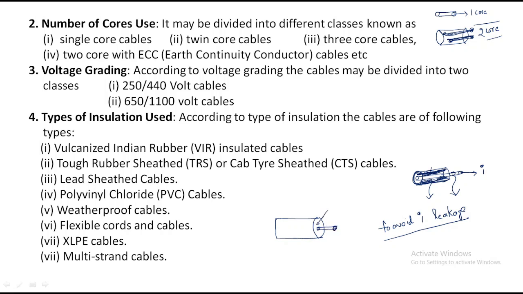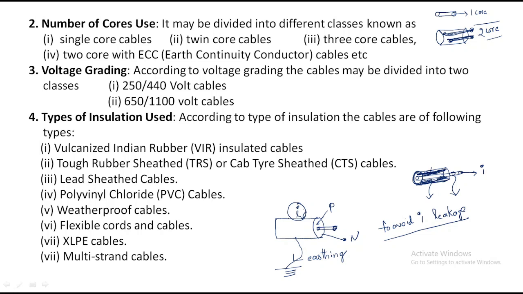Sometimes a phase will come here and neutral supply will come here, and due to some internal problem, whenever the phase wire touches this core, current automatically flows through this core. So in order to avoid this, we give a connection to the ground. This is called earthing.